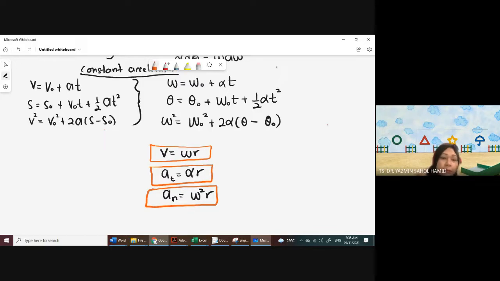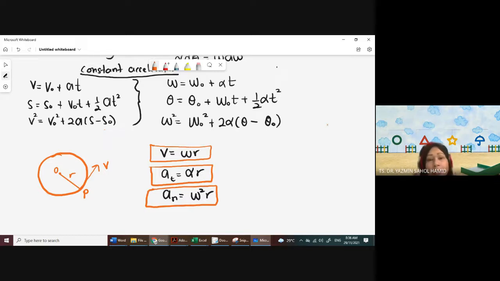For this one, let's say we have an example, a circle like this, and the center is O here. Let's say there is a point P here, and its velocity is V, and this is its R. So the velocity of P has a magnitude that we can define as V equals omega R. And for the acceleration of P, we can express it in terms of normal and tangential.